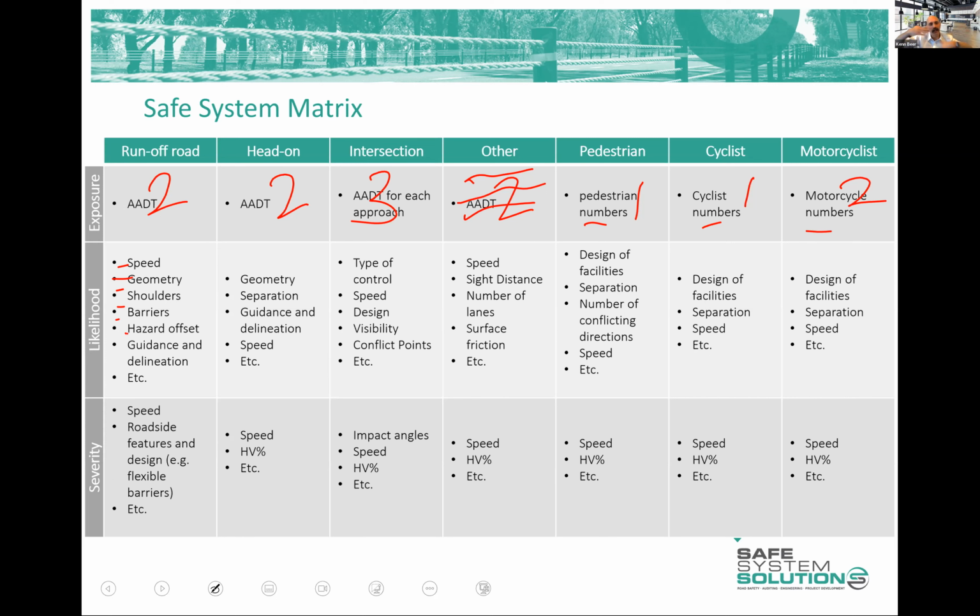However, the speed's 80 kilometers an hour, so that's high. That means there's more chance of a crash. Now, remember, we've taken into account the traffic volume in the exposure.